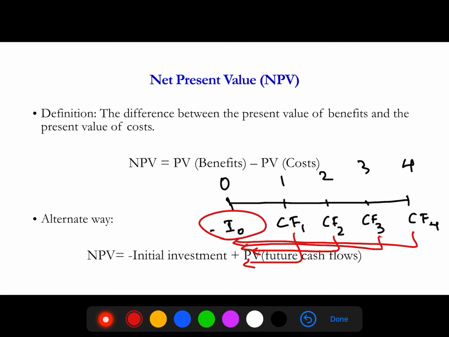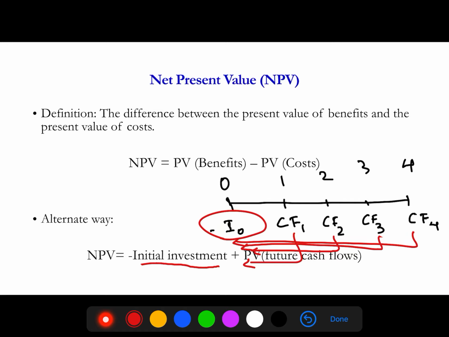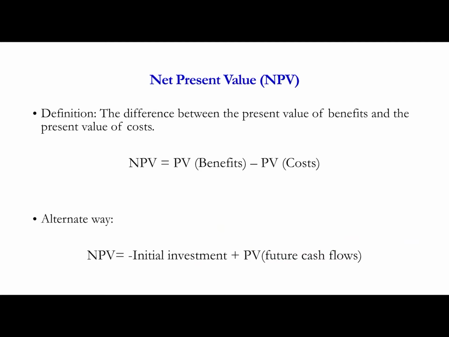There is an alternate way to calculate NPV, which is to ask how much our initial investment is and how much the present value of future cash flows is. But for now, let's think about NPV as just the difference between the present value of benefits of a project and the present value of costs of a project.